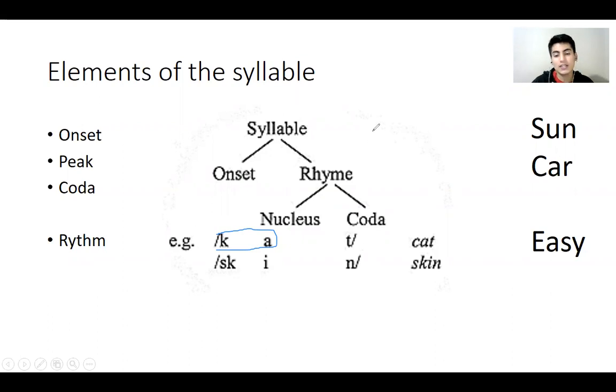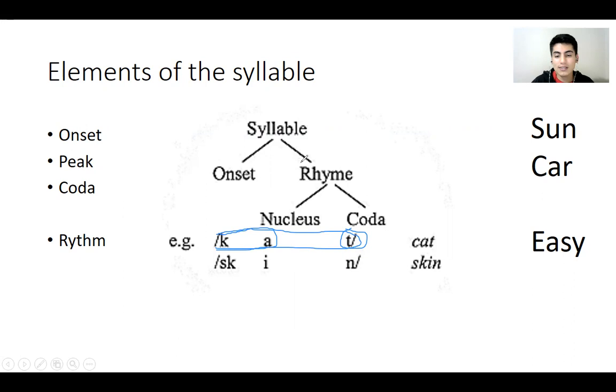And then we have another part of the syllable, the coda. What is special about the coda is that, opposite of the onset, this is the consonant that is after the nucleus. In this case, in cat, we have the T. And we can see that all together it sounds like this one-syllable word, cat.